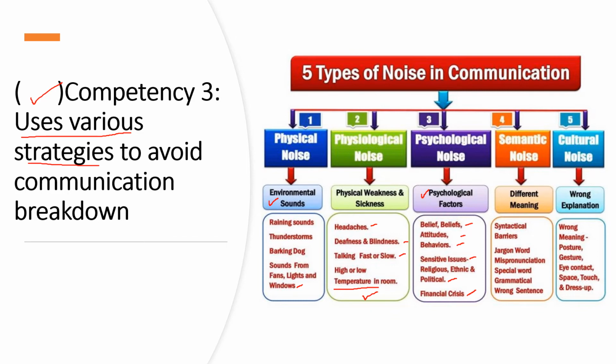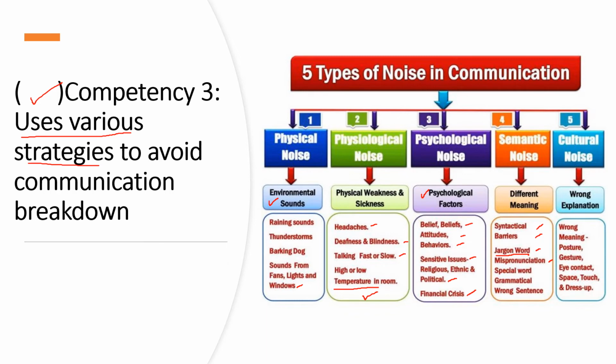Semantic noise, when giving something a different meaning. So, we have syntactical barriers, halimbawa yung mga punto sa pananalita. Jargon words, usually connected yun sa mga profession. For example, iba ang mga ginagamit ng abogado kapag nakikipag-usap sa mga judge. Halimbawa yung tinatawag na habeas corpus. It's a jargon word in political science, okay, pag naging attorney ka.